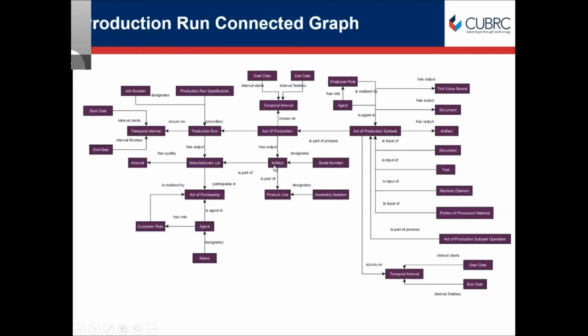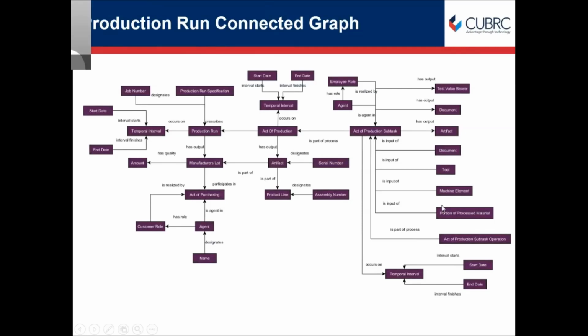That lot is composed of a number of instances of an artifact that have a serial number. The production is composed of a number of subtasks. Those subtasks could be test processes. Those processes could be guided by documents. They're going to use tools, machines, portions of material.